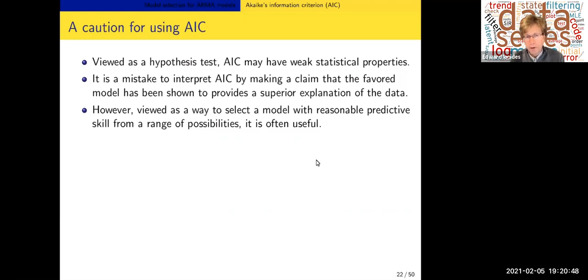And so you have to remember not to interpret AIC by making a claim that the favored model has been shown to provide a superior explanation of the data at a test of some size. But if you don't try to take it for more than it is, viewed as a way to select a model with reasonable predictive skill from a range of possibilities, it's often useful. So I'm sure you'll be using it in this course.